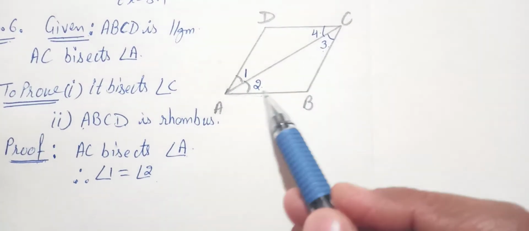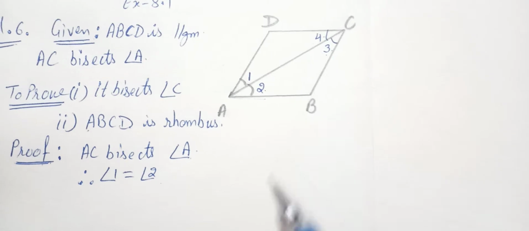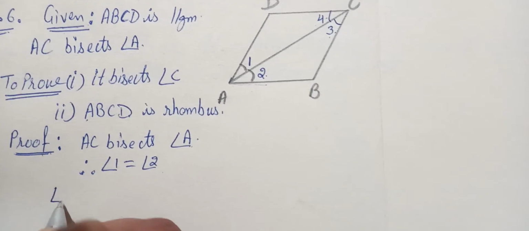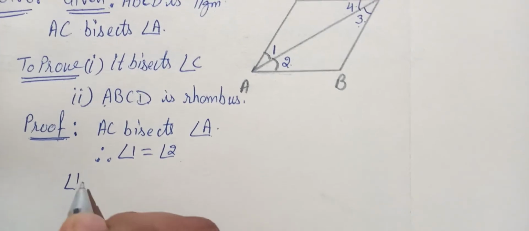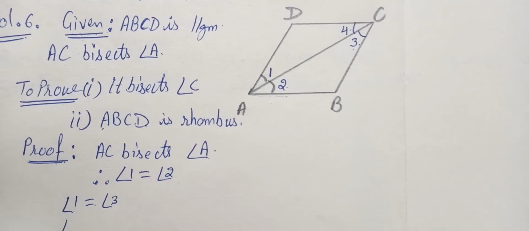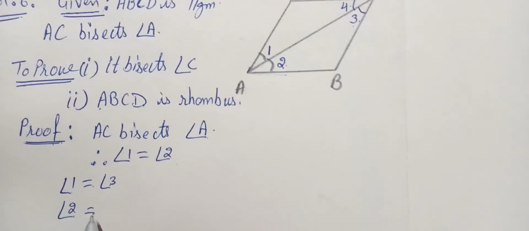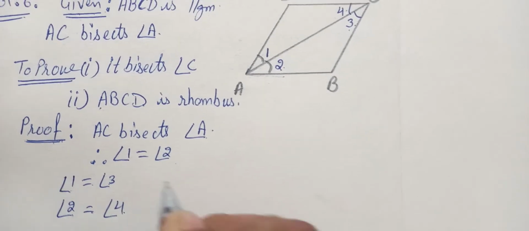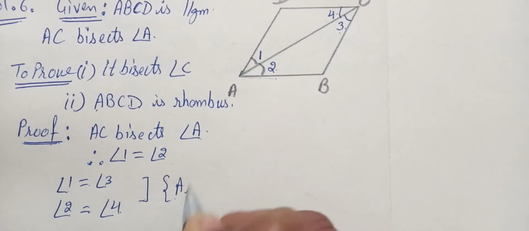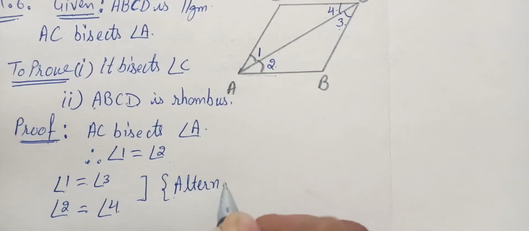So we write: angle 1 equals angle 3 and angle 2 equals angle 4. The reason for both is alternate interior angles.